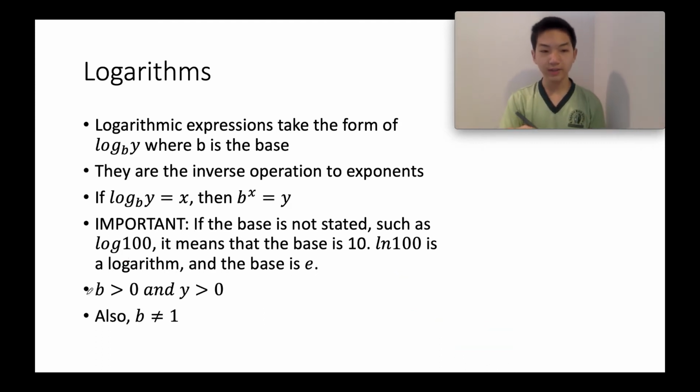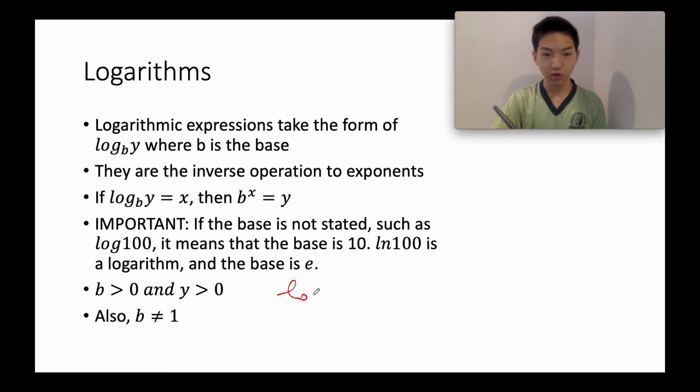So now looking back at this, why can't the base be 0, 1, or negative? Well, the base can't be 1 because the only number that you can get from 1 multiplied by itself is 1.